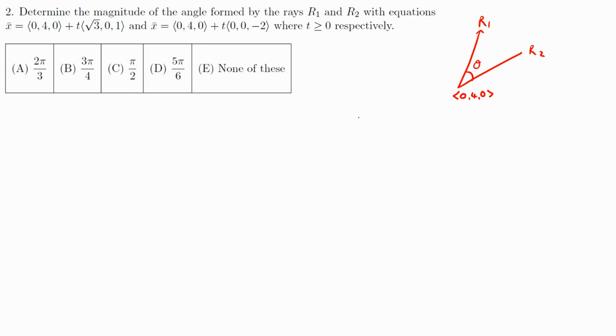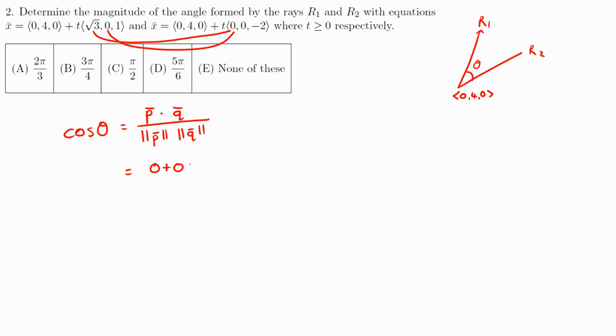Okay, so the formula to calculate that is cos of theta is equal to a directional vector times another directional vector over the norm of P, and then the norm of Q. So P times Q in this case is this times this, which is 0 times 0, plus 1 times minus 2.